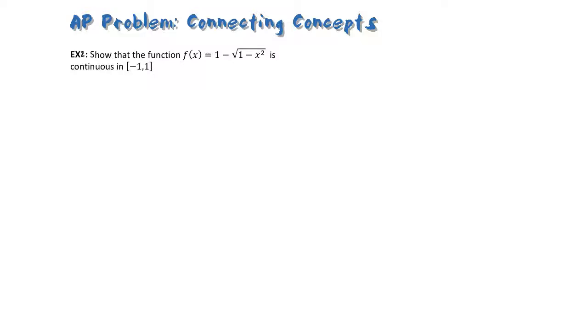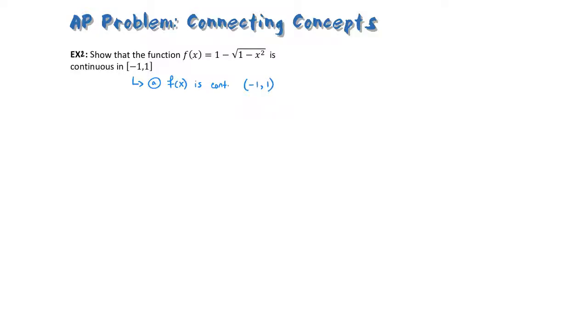I believe that was video 1 of this section. To have continuity in a closed interval, we're going to have to show that f of x is continuous in the open interval -1, 1.